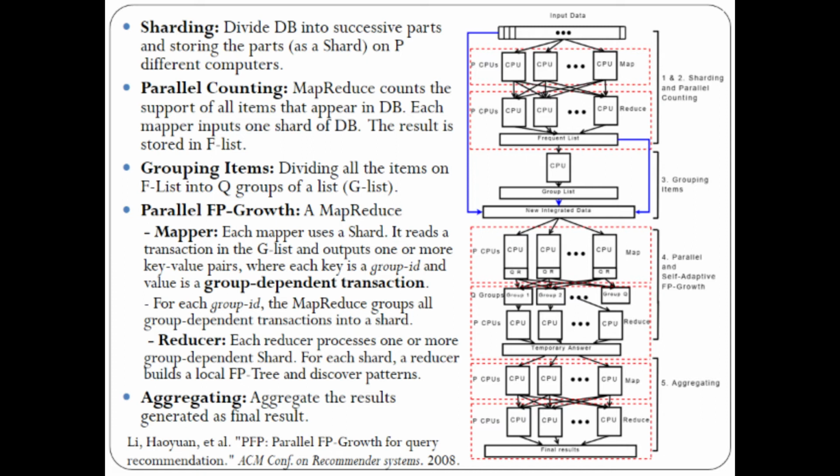Sharding means you divide the database into successive parts and store those parts into shards, or P different CPUs used for doing processing. So a large data set is divided into P different data sets, and each is said to be a shard.